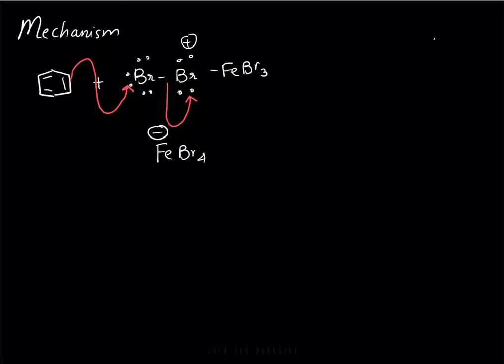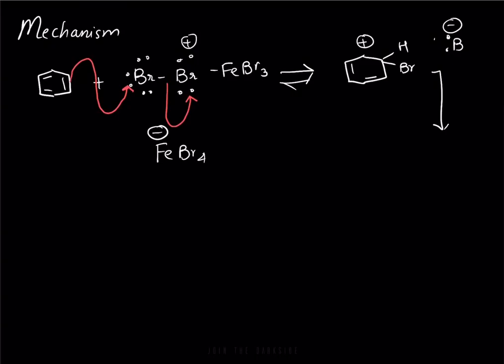And here is my leaving group, and it's going to form the carbocation, and again it's going to be in resonance with two other structures. Okay, and in the next step, the base is going to abstract this hydrogen and put the bond back in the ring to form the double bond, or to restore the aromaticity, to give bromobenzene.